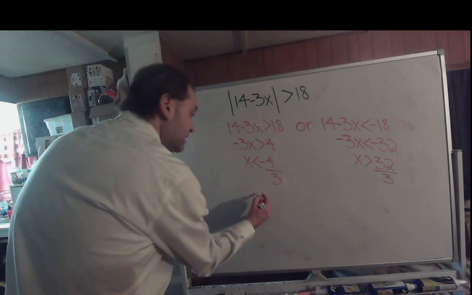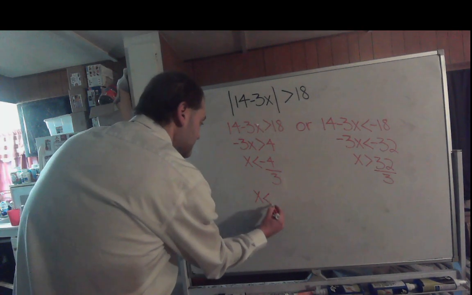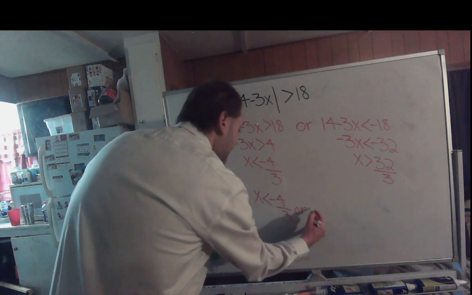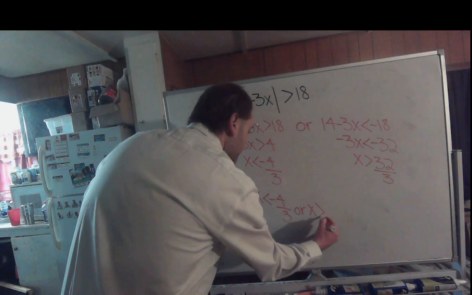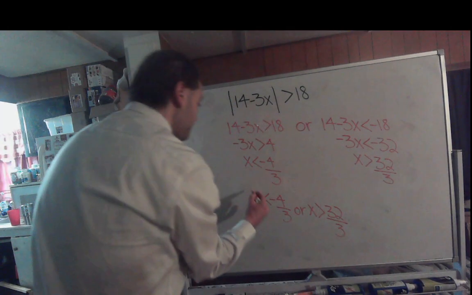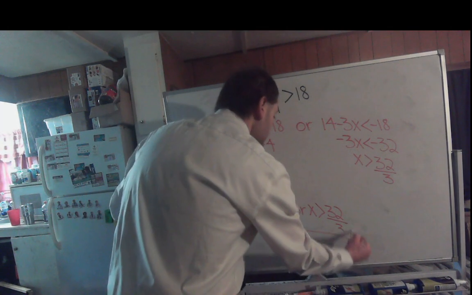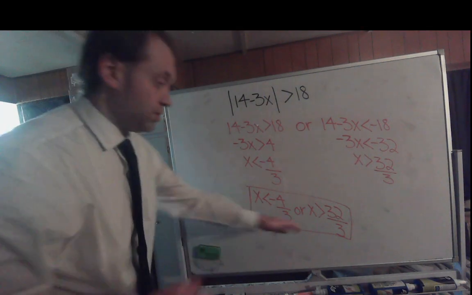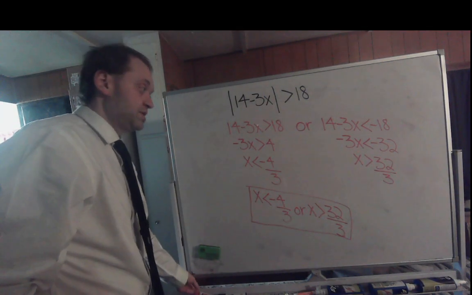So you end up getting that x is less than negative 4/3, or x is greater than 32/3 for your solutions.